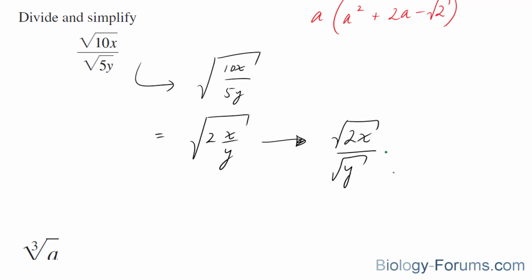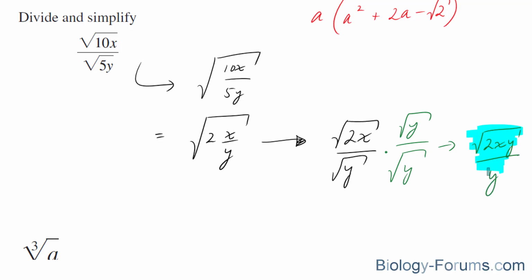So you'd have to rationalize this by multiplying the top and the bottom by the square root of y, which you would end up with 2xy square rooted over y, and this would be the answer that most teachers would be content with.